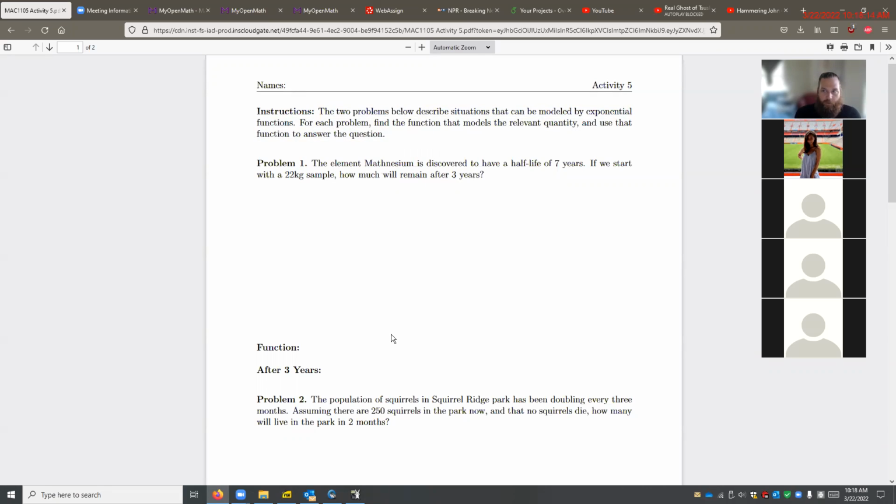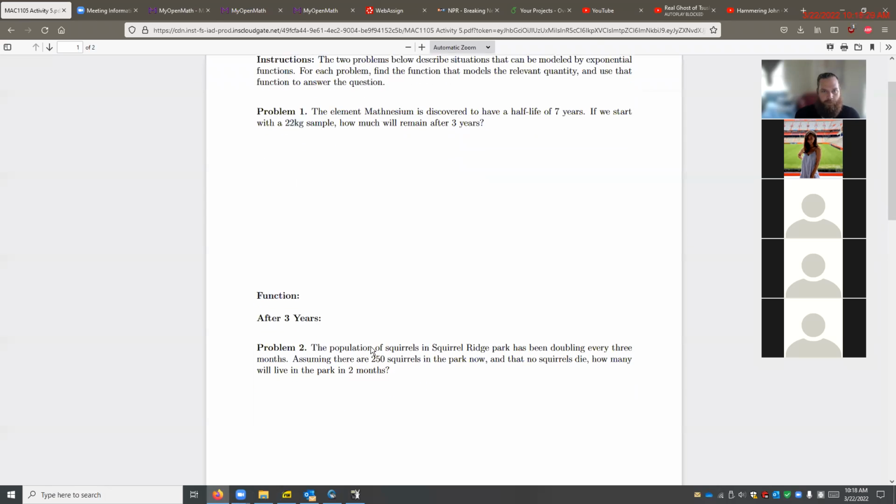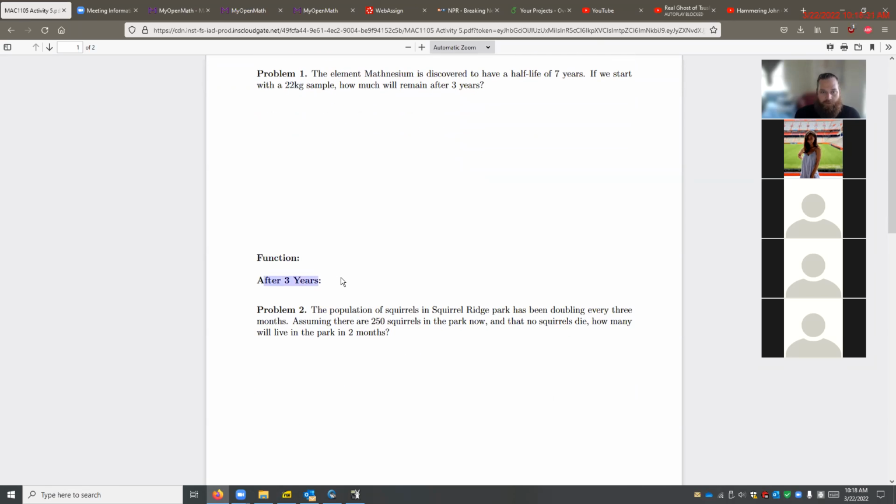You're going to use the half-life formula that I gave you. That's the fastest way to do this. So you're starting with 22 kilograms, and we're told that the half-life is 7 years. So here, give me a function that tells me how much is left after x years or t years. Then you're going to tell me exactly how much will be left after 3 years by plugging in the appropriate amount for that variable.